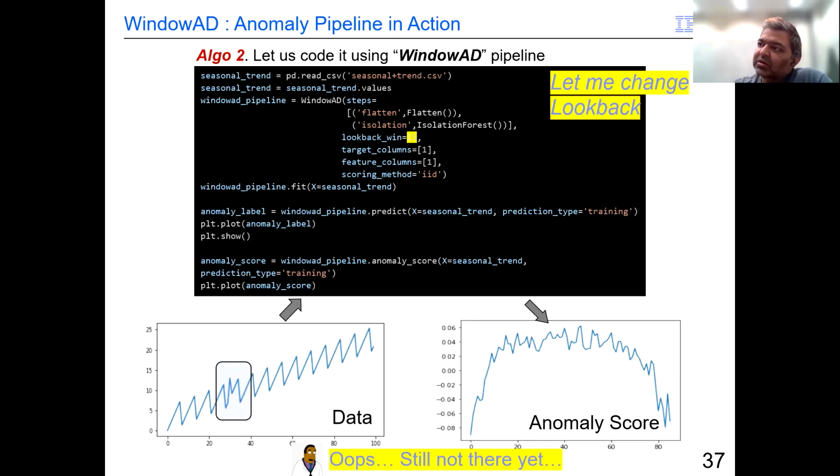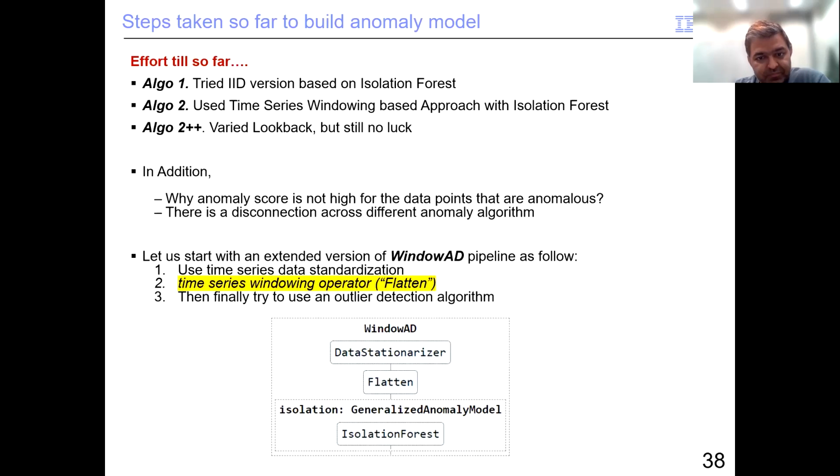Even if you do min-max scaling, you may have similar results. The current pipeline actually lacks any operation which post-processes the data. So let us do that. We added one extra operator which processes your time series data. In this case, the operator that we chose was the data stationarizer.